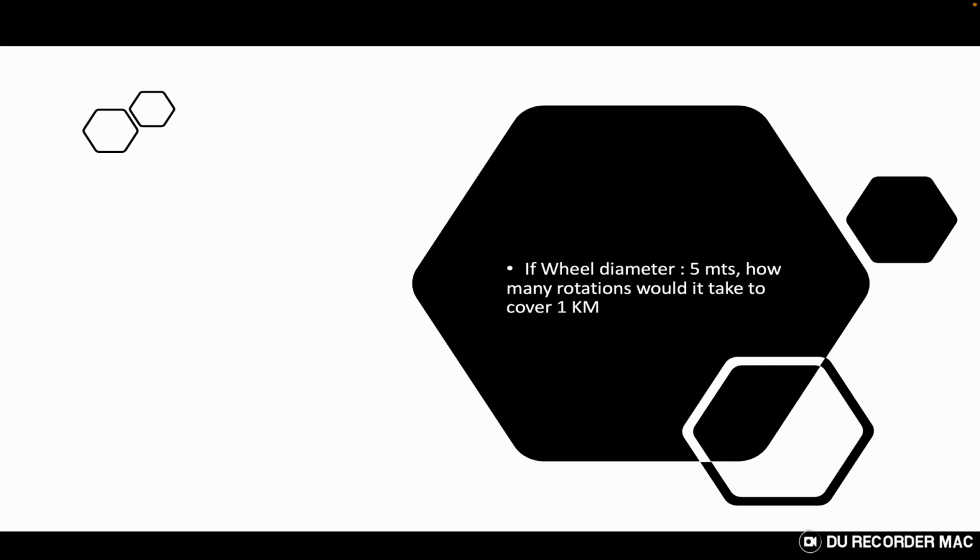In this case, you will multiply 2 by pi by r, which gives the length of your tire when you cut it, and then you divide the number 1000 by that, which will give you the result. It comes to around 64 rotations to cover 1 kilometer.